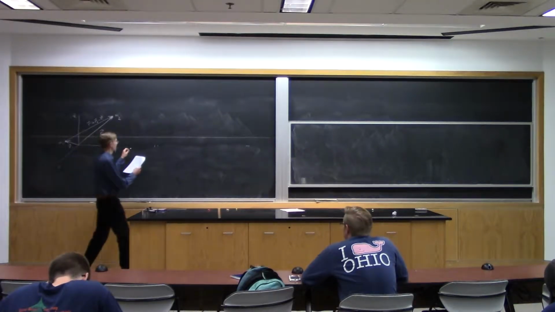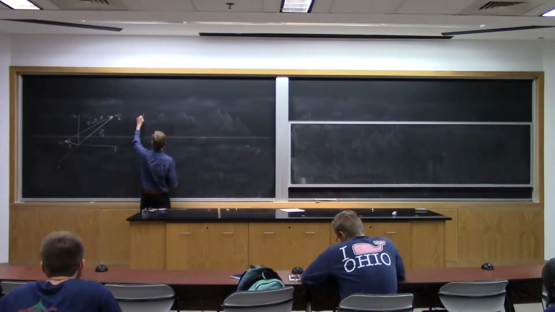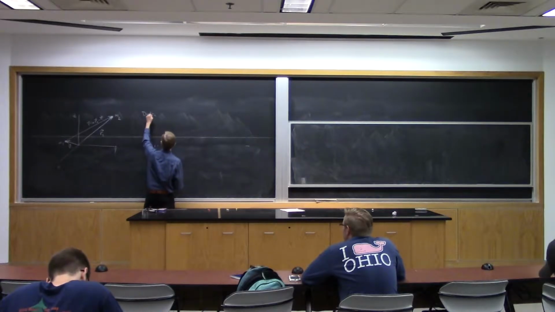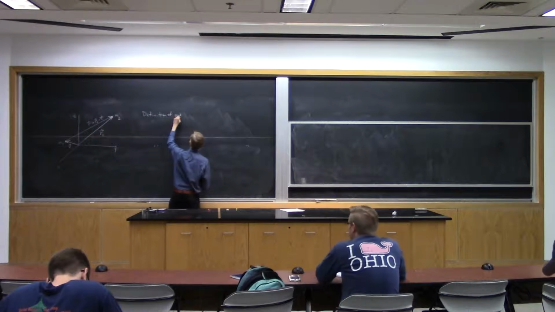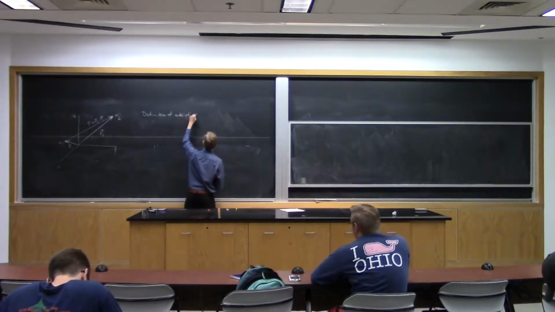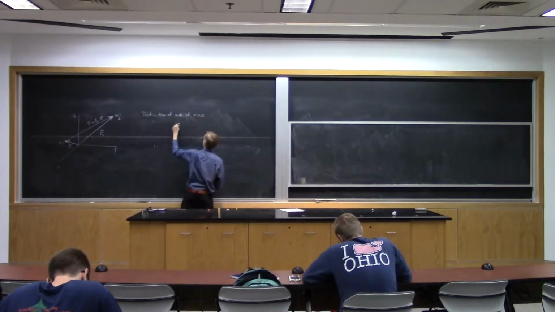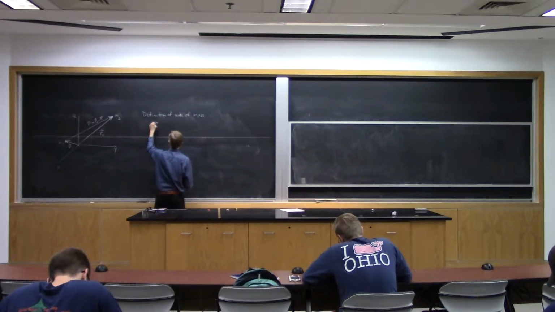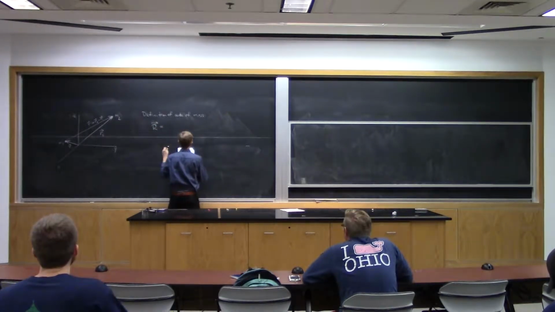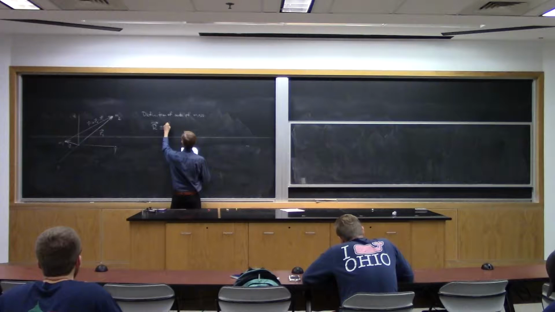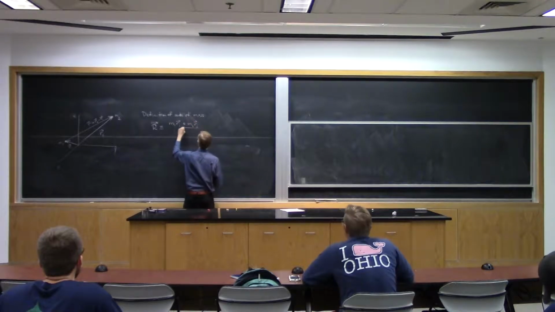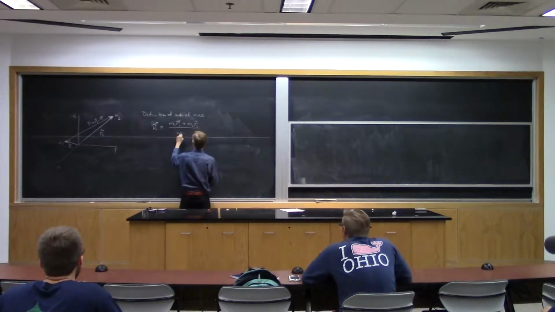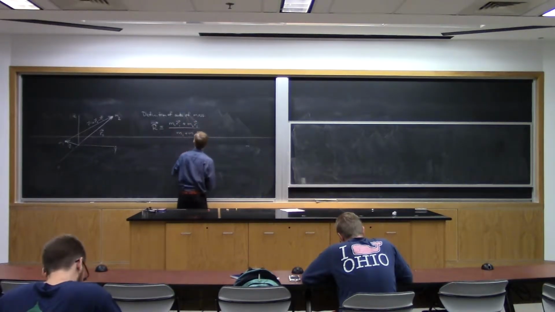And remember that the definition of the center of mass for our two-body system is, we'll call it R, equal to, by definition, M1 times R1 plus M2 times R2 divided by the total mass, M1 plus M2.